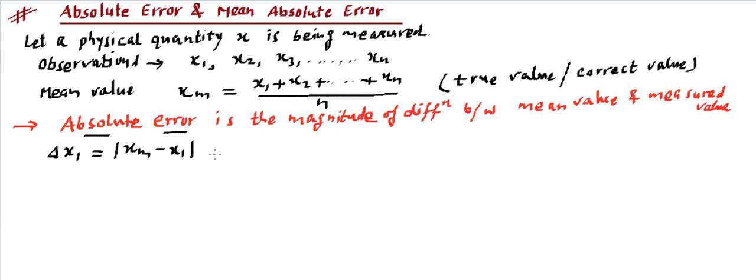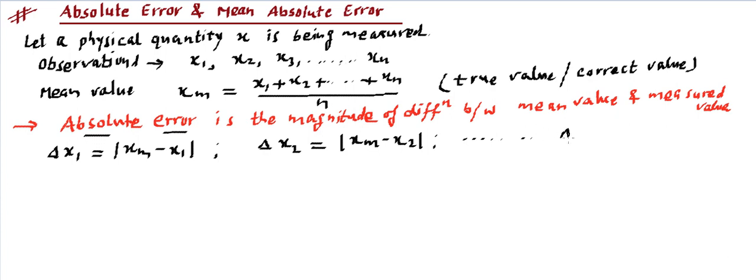Similarly, in case we need to find the absolute error in the second observation, can you think of what this is going to be? Yes, it's going to be again the modulus of the difference of the mean value and the observed value in the second observation. Can we find similarly the absolute error in the third observation, fourth observation, fifth observation?